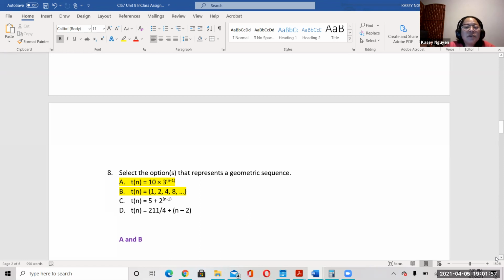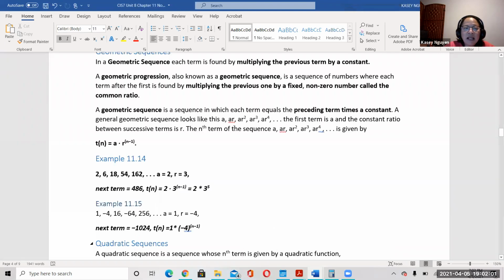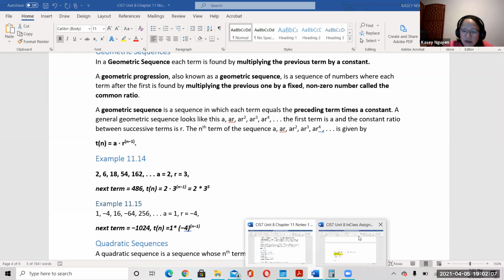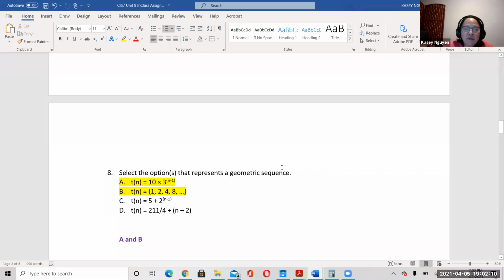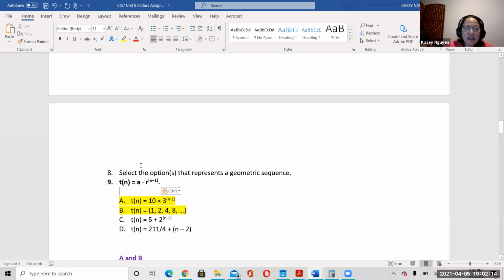And that's pretty close to what we've seen with the equation, right? If you look back at this equation, we know that a geometric sequence would be something like this, so A would be close to that. Okay.